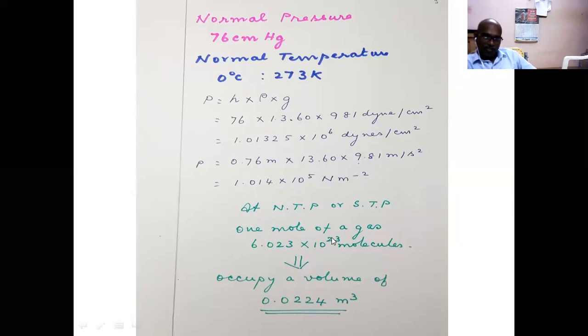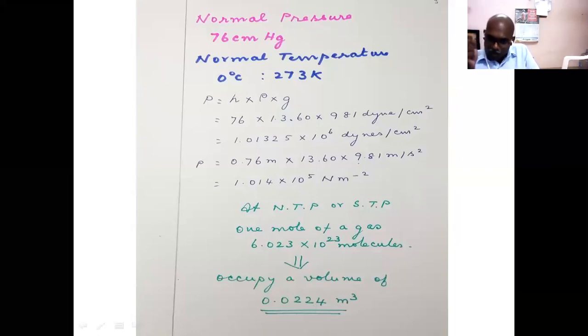So 1 mole of a gas at the normal temperature pressure or standard temperature pressure will occupy a volume of 0.0224 meter cube or 22.4 liter.